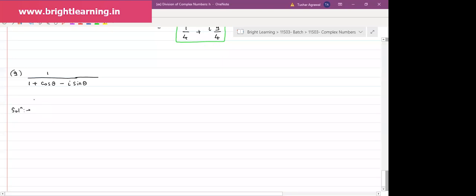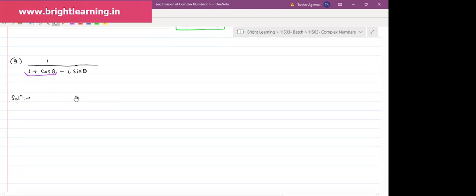See here, the real part of the denominator, whatever complex number it is, the real part is what? 1 plus cos theta, this complete is my real part. Are you getting this? And my imaginary part is minus sine theta. For the imaginary part we don't say i, it's just minus sine theta. So with what will I have to multiply?